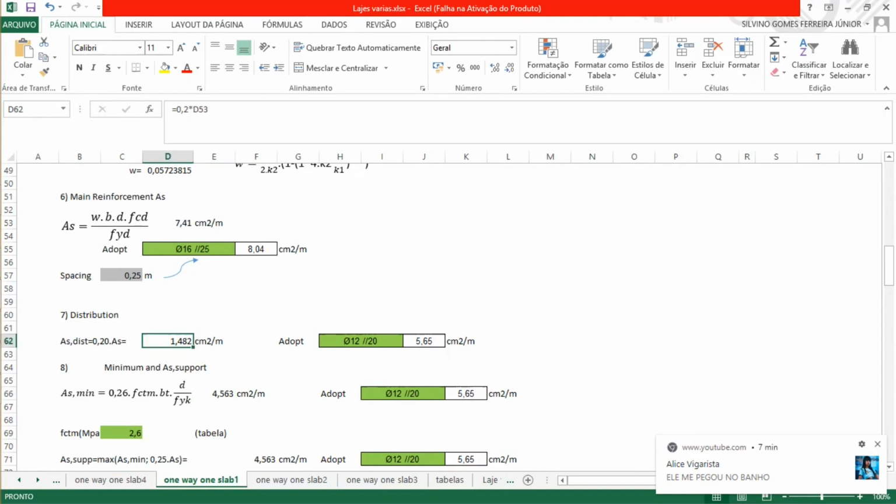It gives us 1.48. So if I place spacing 25, it gives us less than with a phi of diameter of 12, is less than the minimum of 4.56. So this is why I'm using spacing of 20, giving 5.65 square centimeters per meter.